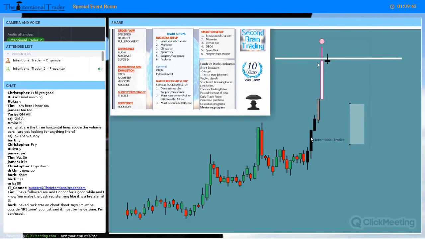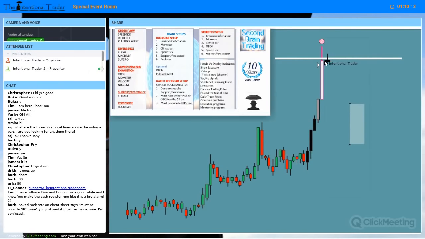I still have to have strong momentum. I require, of course, that we're going to have the breakout. I require OBOS. I require that we have this major upthrust bar that was much bigger than the previous bars. We got a speed tick, right?